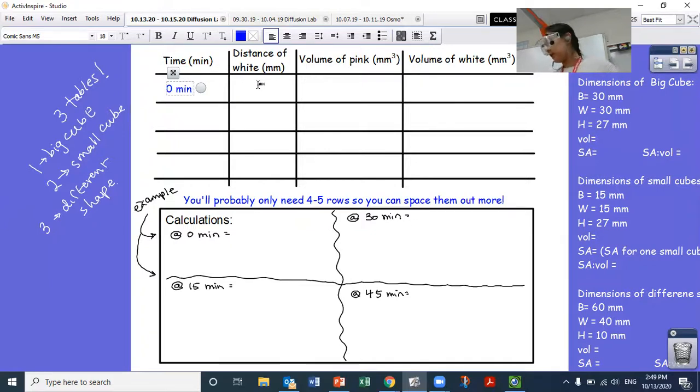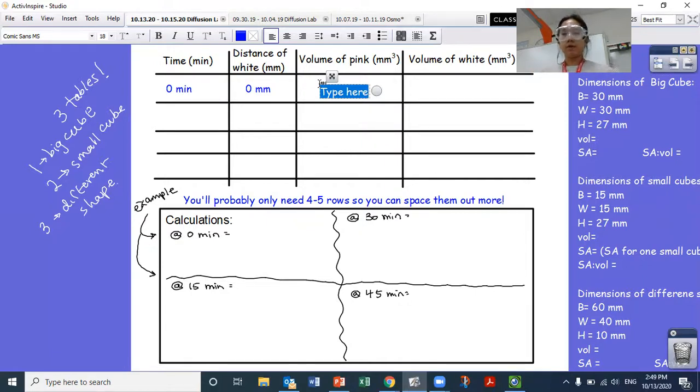Have we even put it into the hydrochloric acid yet? No. So should there be any white? No. So if there's no white, then the distance of white is going to be 0 millimeters, okay?